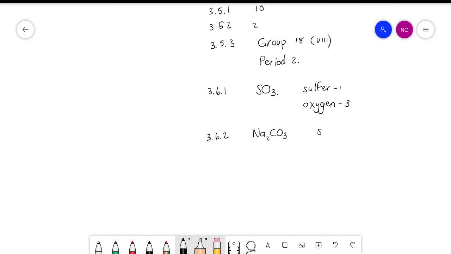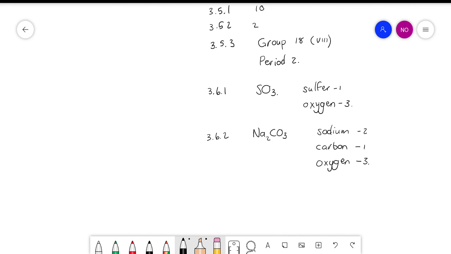This one is sodium 2, carbon 1, oxygen 3. Some of you wrote oxide. The name of the element is oxygen. I didn't subtract marks for oxide.